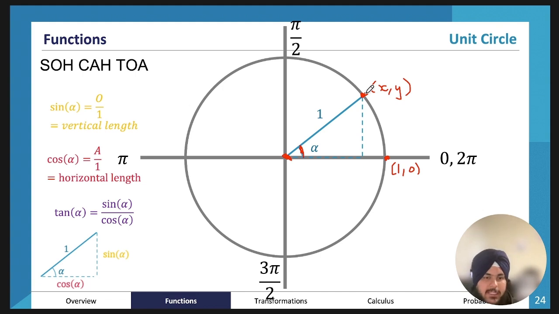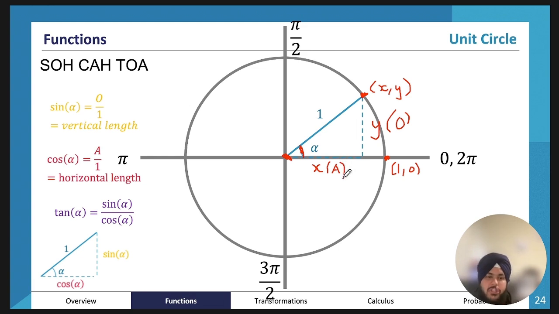So the way that we need to think about this is, first of all, finding this vertical length. So this vertical length is y for this coordinate point. And the x length is, obviously, x. Another way of thinking about it is in terms of the angle. So this side over here is the opposite side for this angle, whereas this side is the adjacent side for this angle.